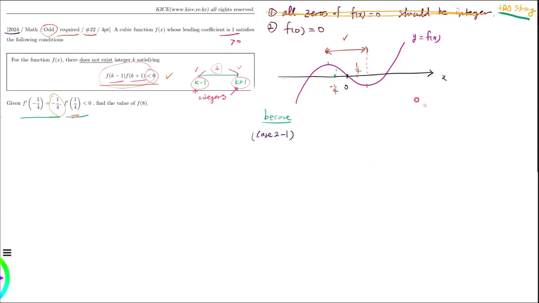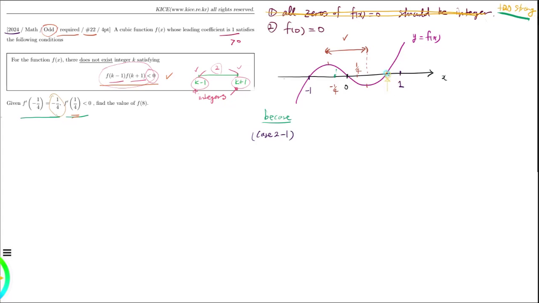In the first case, we have the smallest zero, which is negative 1 here, and the biggest zero, which does not necessarily have to be an integer.